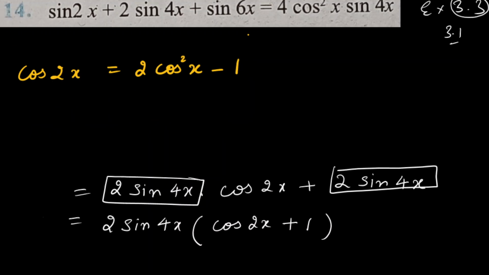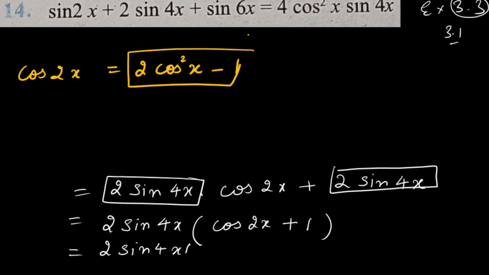Now what we will do, we already have cos 2x, so this cos 2x value we will substitute here. So here I'm getting 2 sine 4x. So cos 2x is equal to 2 cos square x minus 1. Plus 1 is already there.